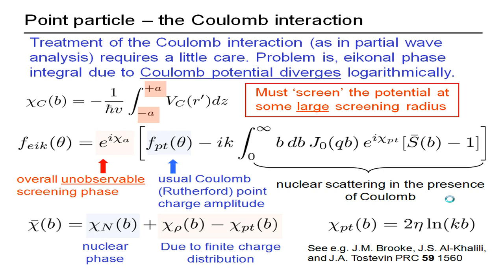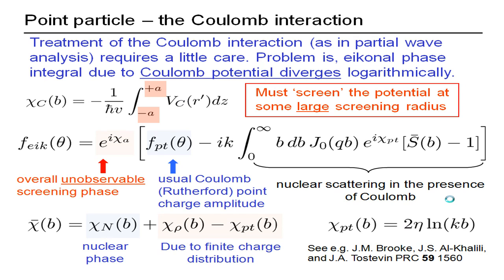They're beyond the electrons or doing some other stuff. So you can formally solve this problem by screening the Coulomb potential at large radius. Instead of integrating from minus infinity to infinity, you integrate from minus a to plus a in your head. You do the integral with an upper limit, and then you see what the effect is.